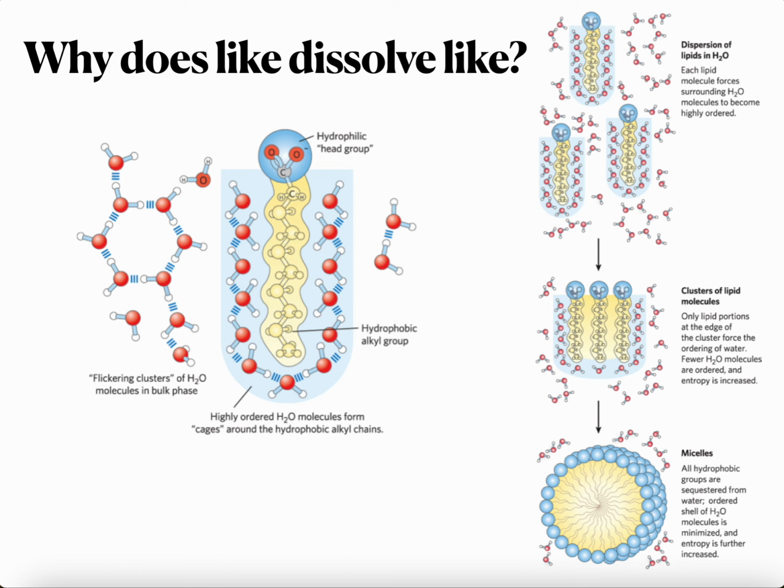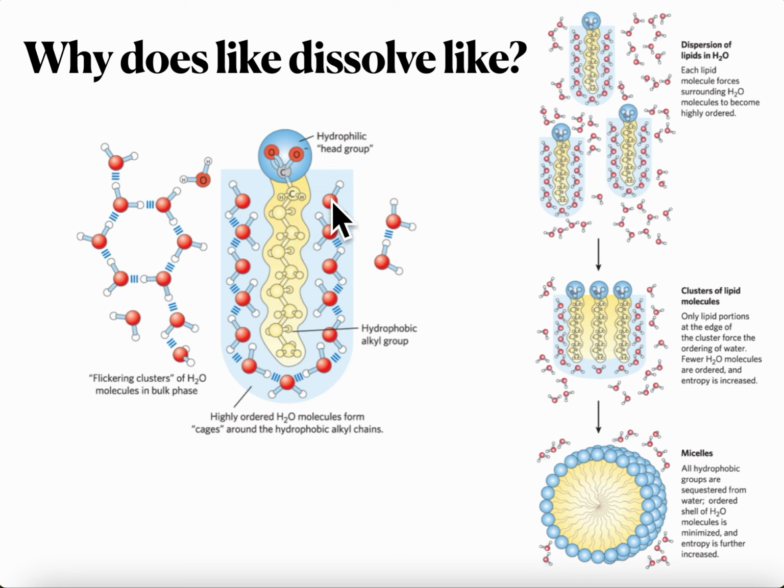So let's look at how this pertains to water. Water molecules, if there's nothing added to them, roam around freely in a random arrangement, having hydrogen bond interactions between water molecules. However, if you add phospholipid to them, they will not be interacting much with the hydrophobic tails of the phospholipid.